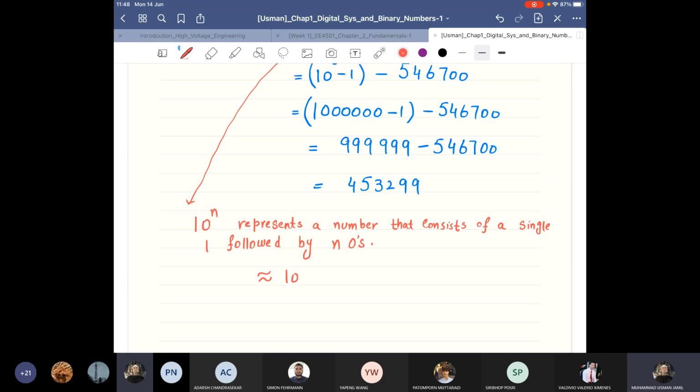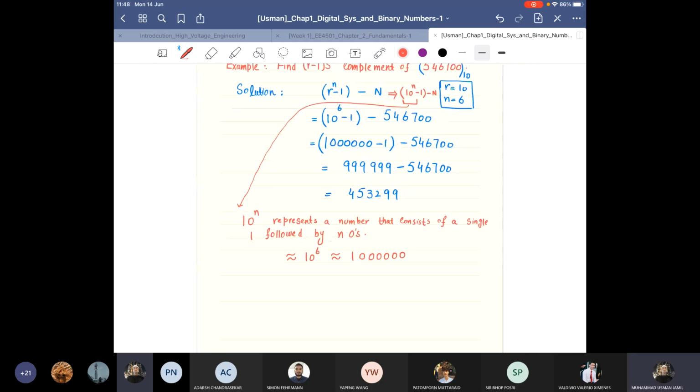It means 10 raised to power 6: how many n do we have? n is 6. So first we represent 1, then follow with zeros: 1, 2, 3, 4, 5, 6. I just want to explain this is in decimal. Maybe when you put it in the calculator it is okay, but when you do 2's complement for binary numbers, you may get confused.